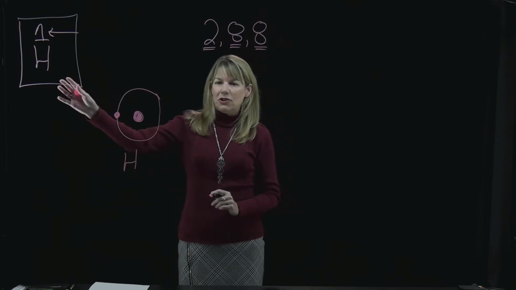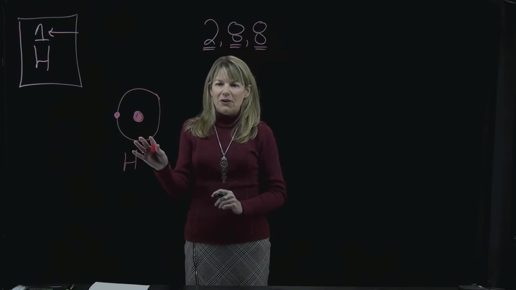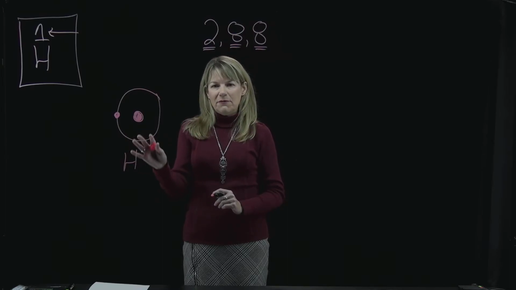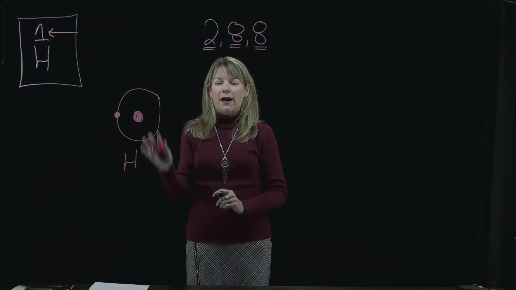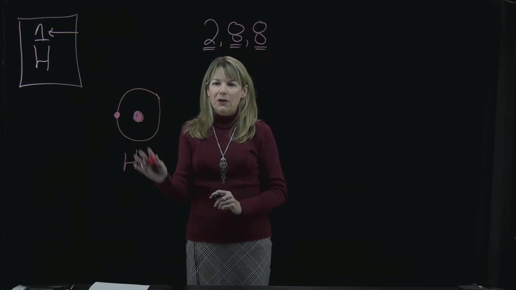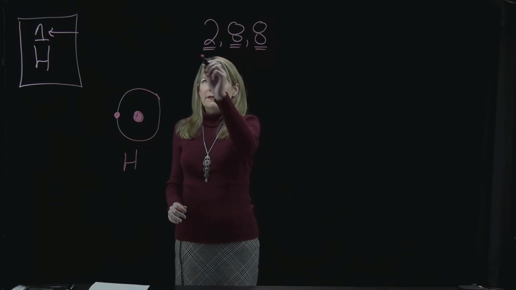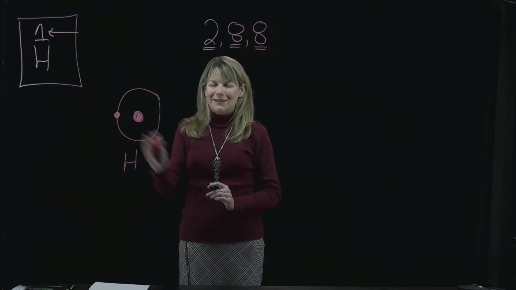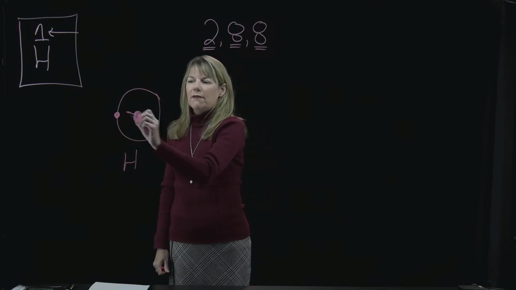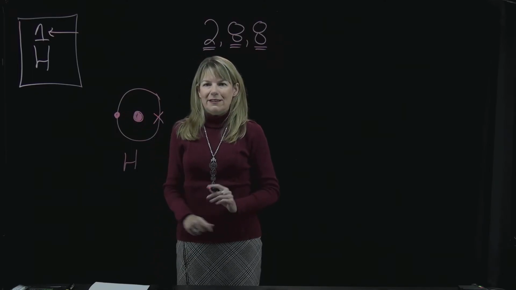Even if I hadn't shown you this information, I could say, just look at the shell model and tell me how many vacancies are in the outermost energy level or the outermost shell of this particular atom. Well, I think what you would remember is that there are 2 possibilities in terms of openings in this first energy level. I've got 1 taken, and that means that I have 1 vacancy.